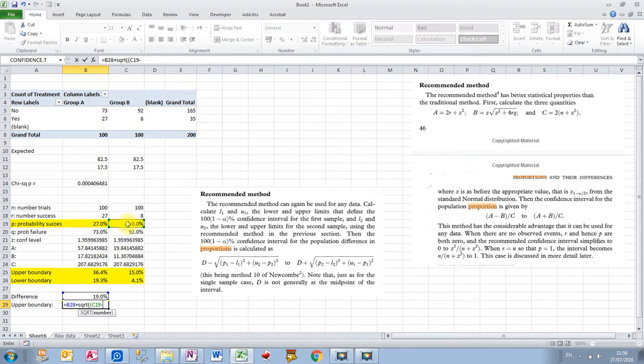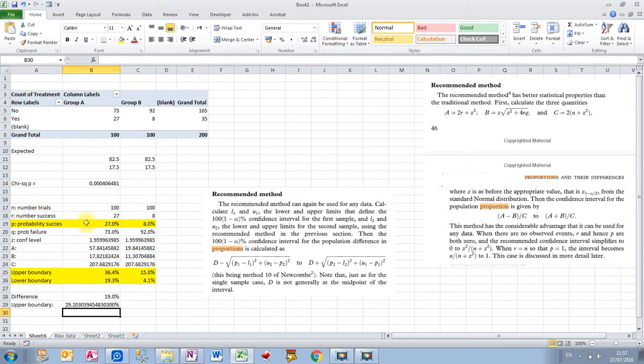So P2 is the probability for group 2. L2 is the lower boundary for group 2, which is that. Close the bracket and square it. Okay, then plus, open brackets again, and it's U1 minus P1 squared. So U1 is the upper boundary for group 1, minus P1 is the probability for group 1. Close the brackets, square that, and then close the outer brackets. And that's my upper boundary.